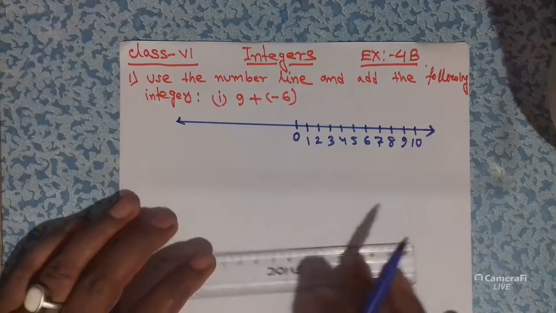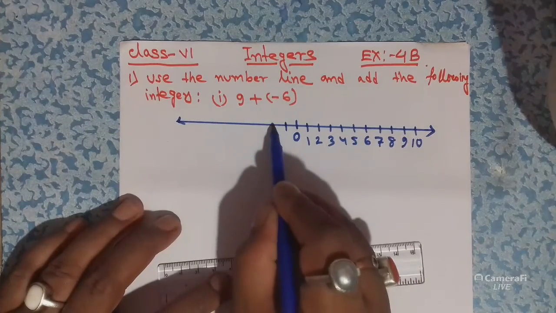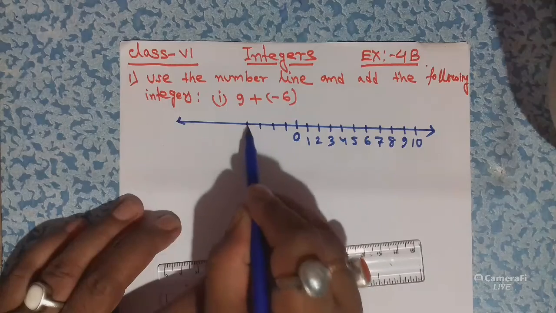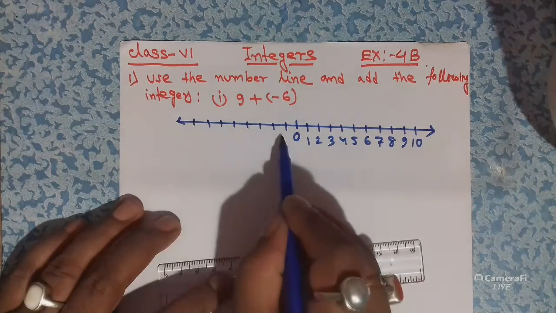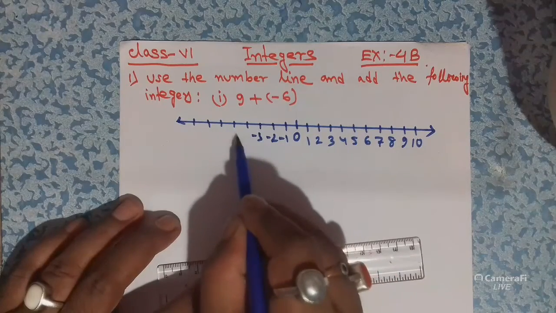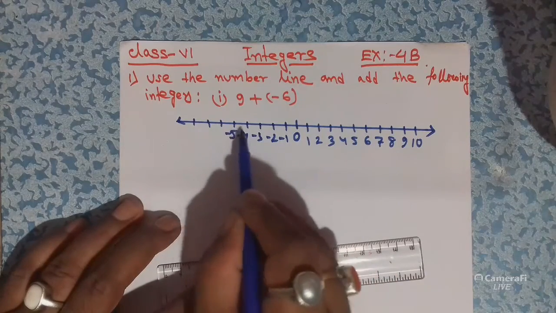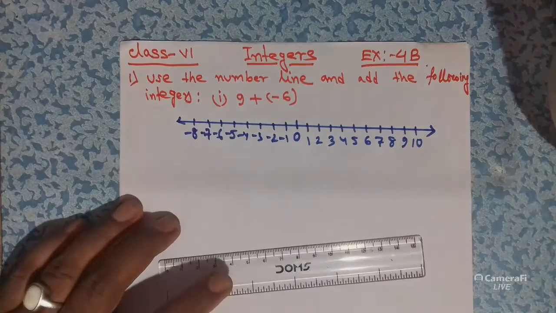And to the left hand side of the 0 we have to take negative values: minus 1, minus 2, minus 3, minus 4, minus 5, minus 6, minus 7 and minus 8.